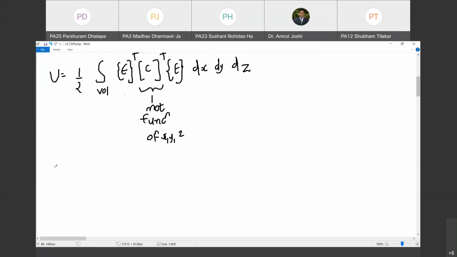So first let us convert this expression of strain energy into primary unknowns, which are displacement fields. So we are going to use the strain displacement relationships. What are the strain displacement relationships?